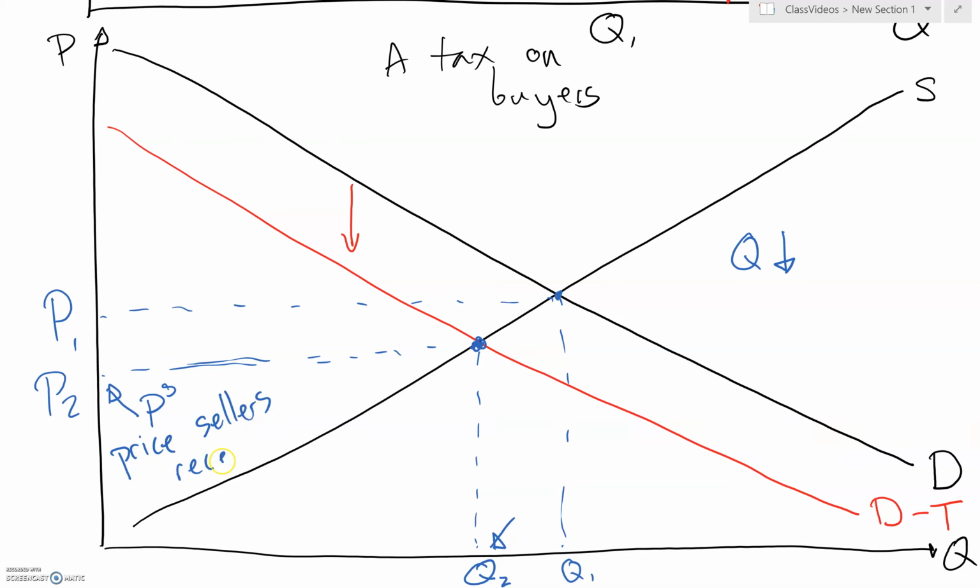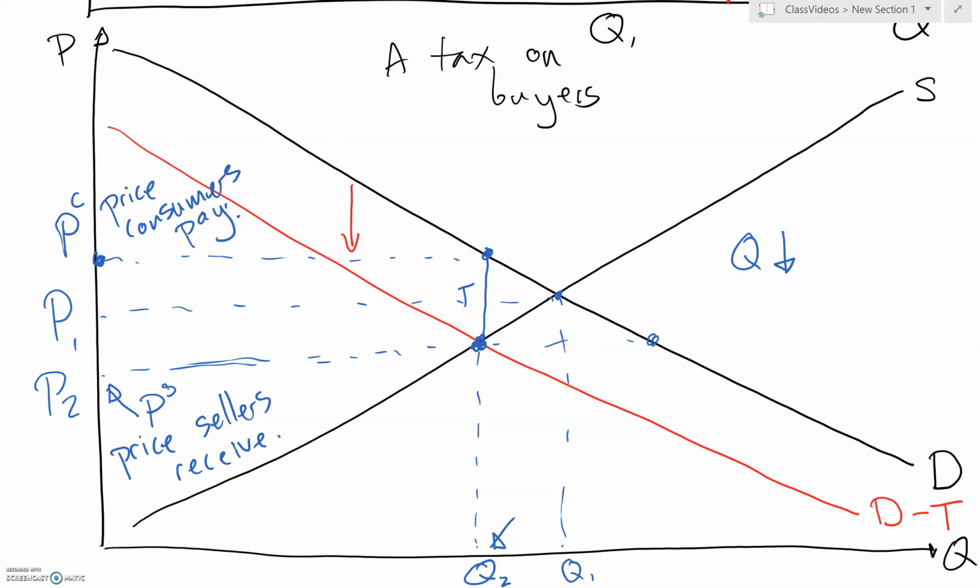But consumers aren't paying that much, otherwise they'd be buying a lot more stuff. They are paying this plus the tax. So consumers are paying this amount up here, which is the price consumers pay.